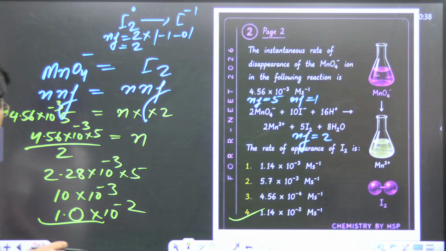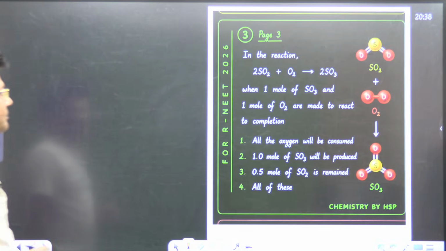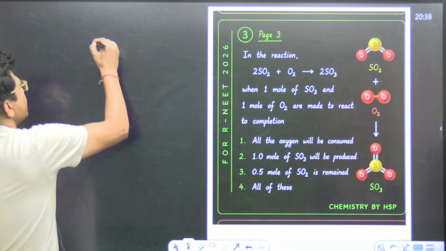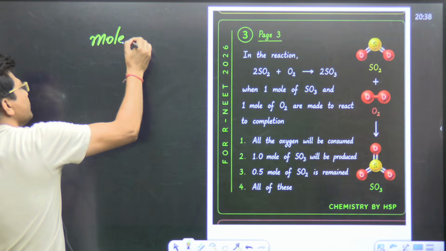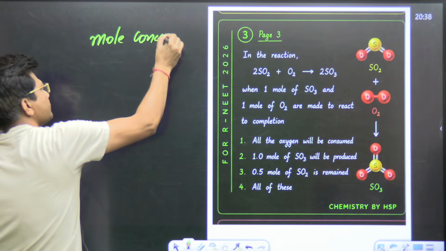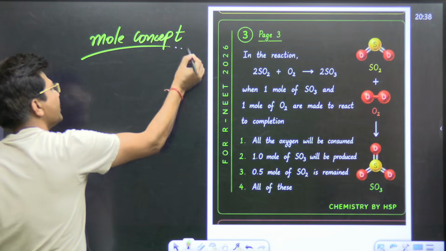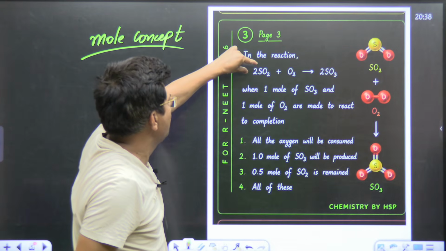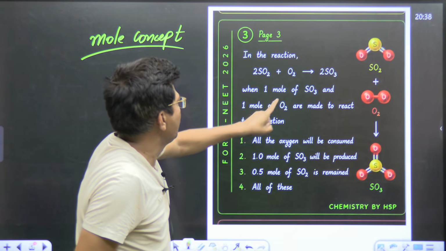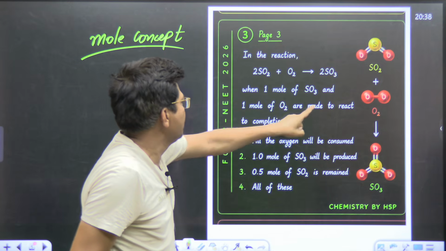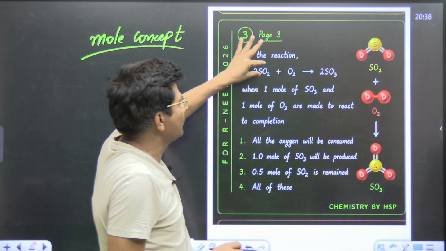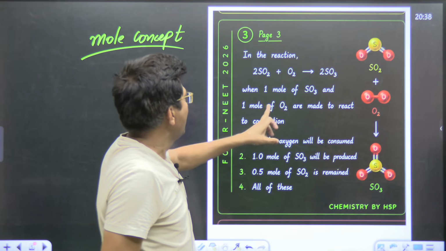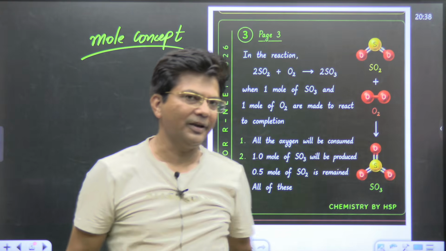Okay, now let's see another question. This is from mole concept. Just see to it. When 1 mole of SO2 and 1 mole of O2 are made to react for completion, see, SO2 and O2, their coefficients are not the same.